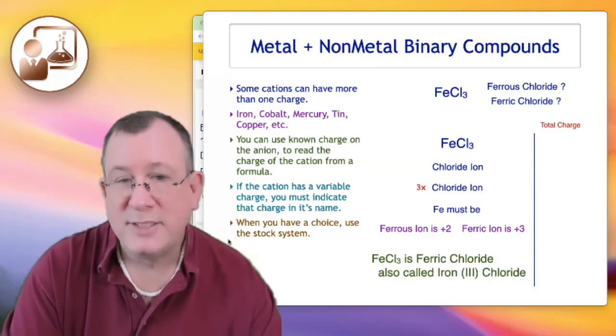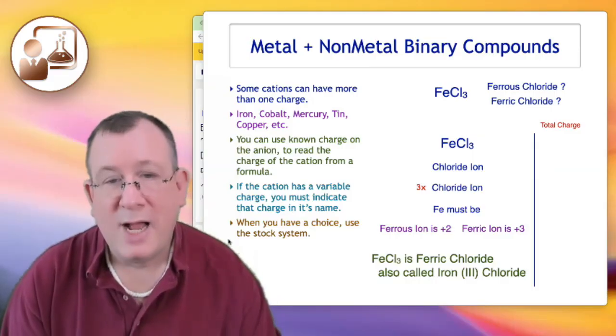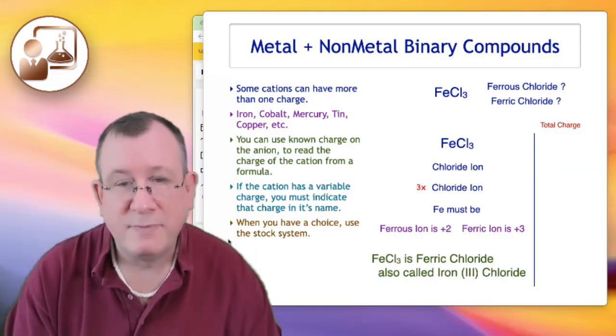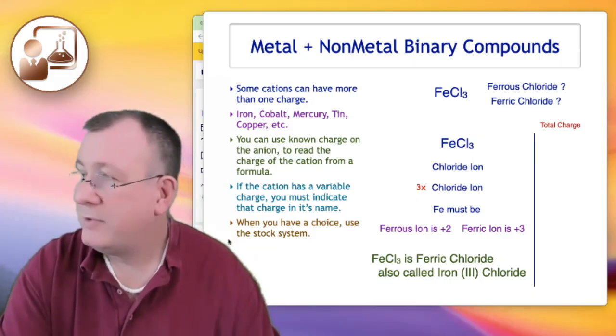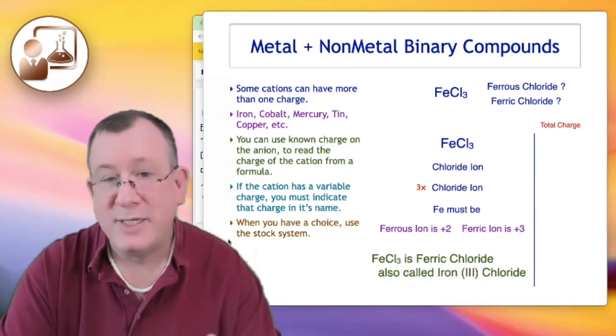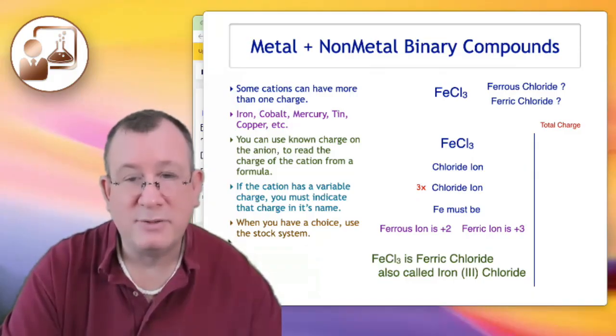The trick is the compound will always have a charge of 0. That means the charges have to cancel out. Well, chlorine, for example, always has a -1 charge. It's fixed. It's a representative element. So, for example, if I'm looking at FeCl3, that means in my molecule there are 3 -1s, which means the iron must have had a +3.